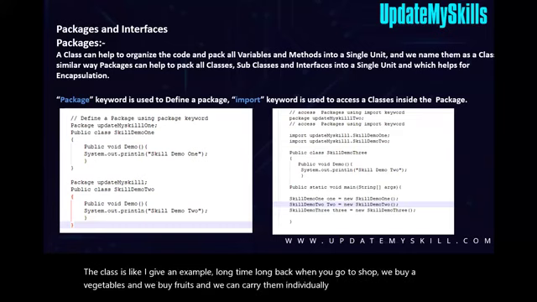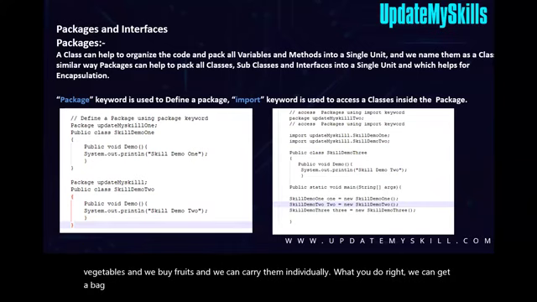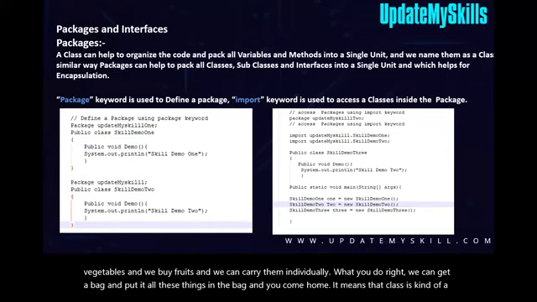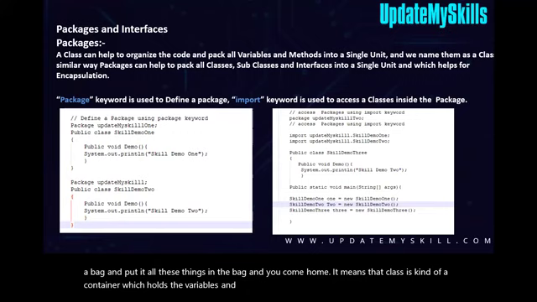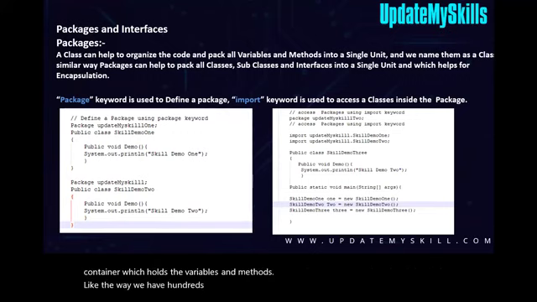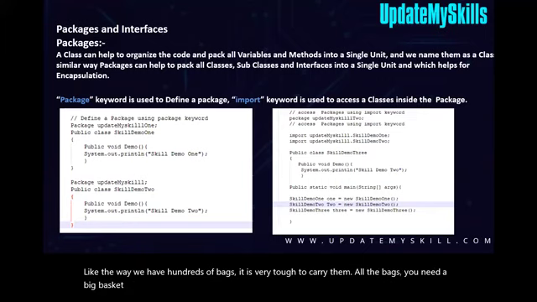What you do, right, is get a bag and put all these things in a bag and come home. It means that a class is kind of a container which holds variables and methods. Like the way we have hundreds of bags, it is very tough to carry all of them. You need a big basket, or a big container, where you put everything and ship it.